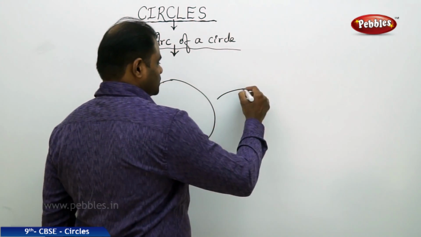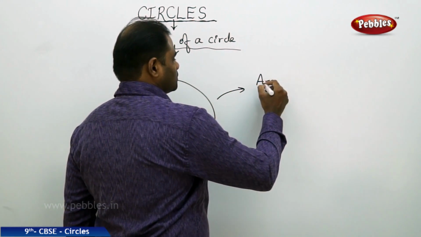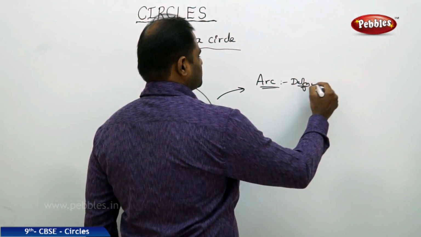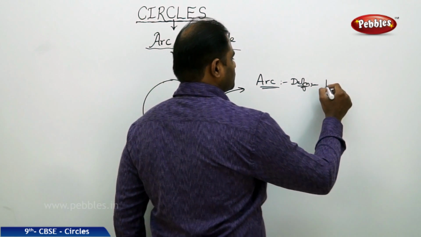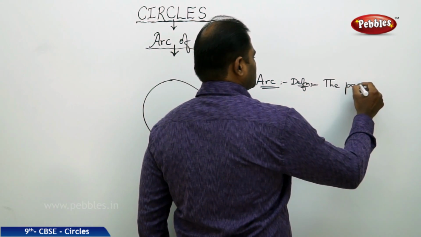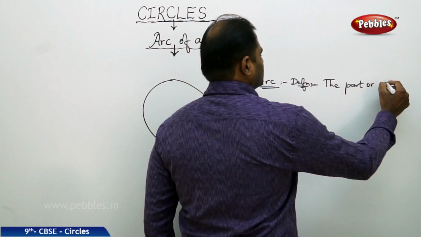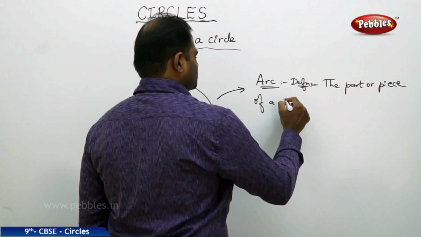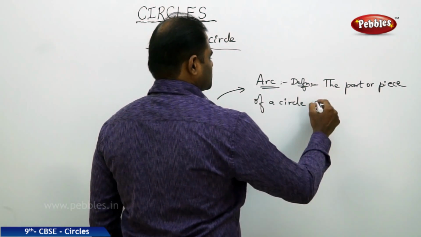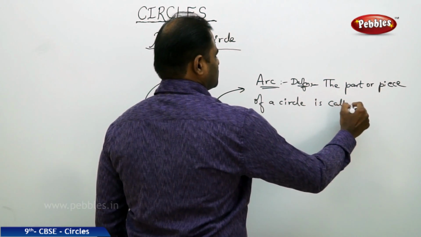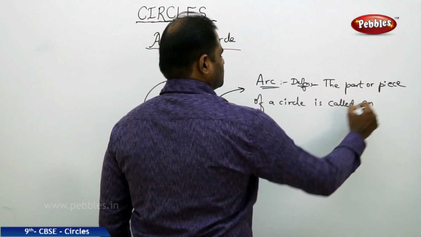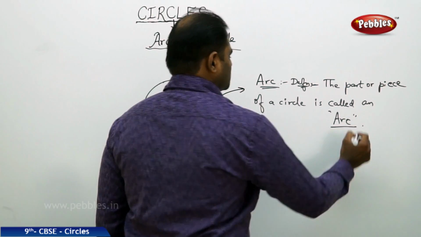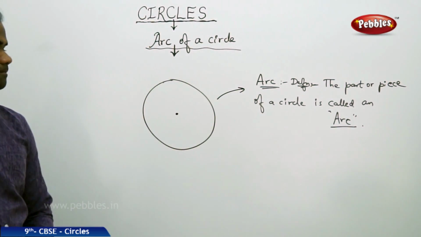So for this circle, my arc is defined as the part or piece of a circle is called an arc. That is how we define an arc.